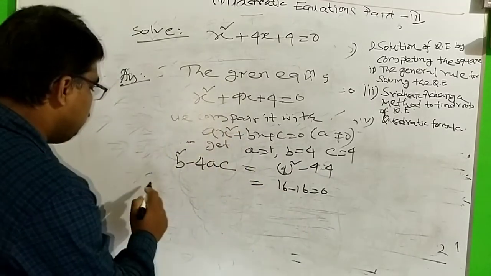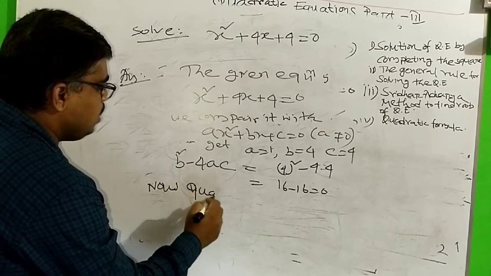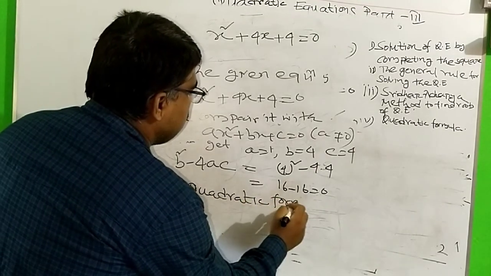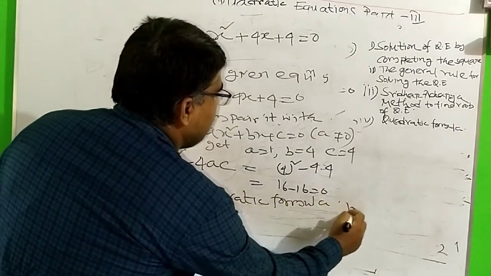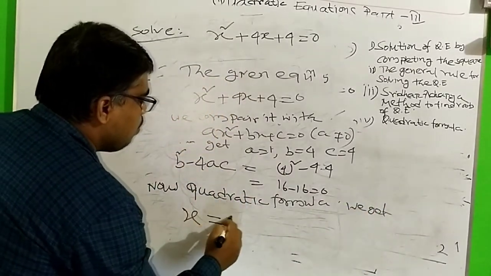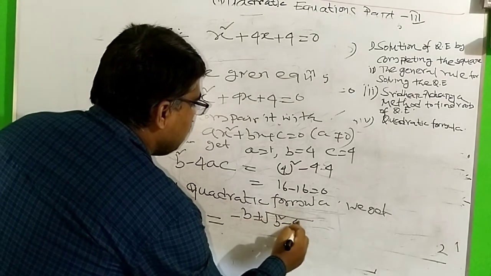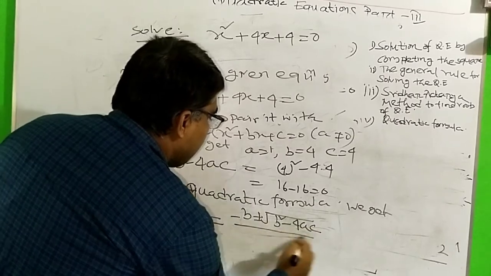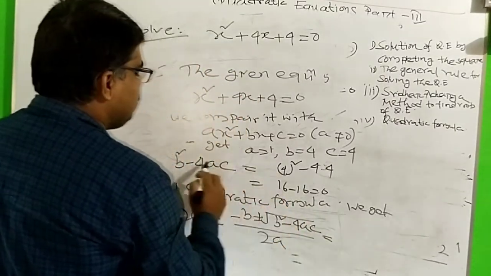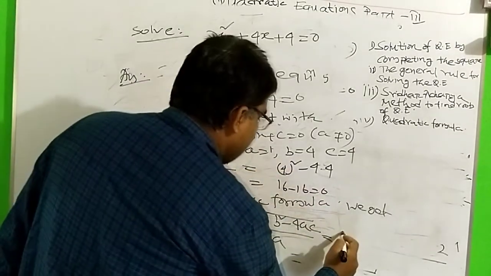Now using the quadratic formula, we get x equal to minus b plus minus root over b square minus 4ac by 2a. Okay, we put the value of b square minus 4ac. So minus b means minus 4.